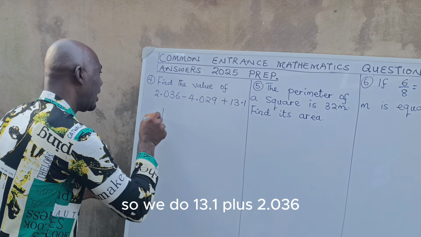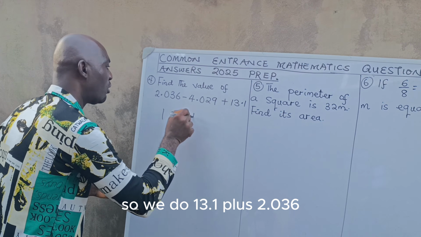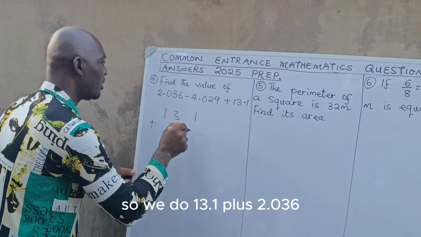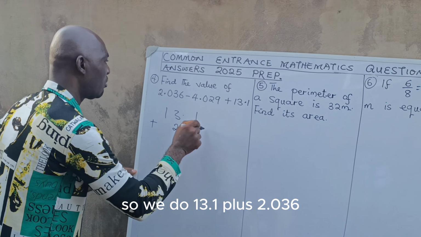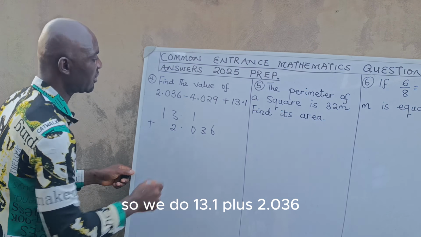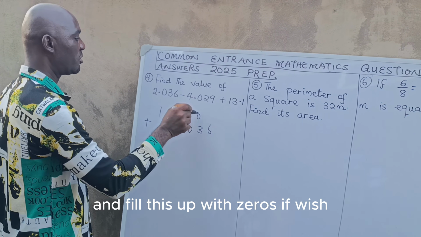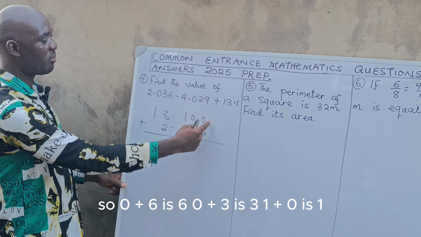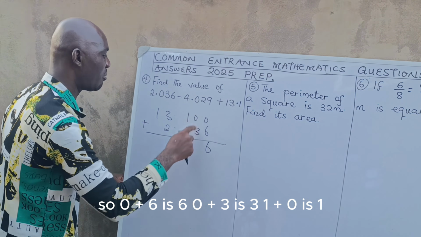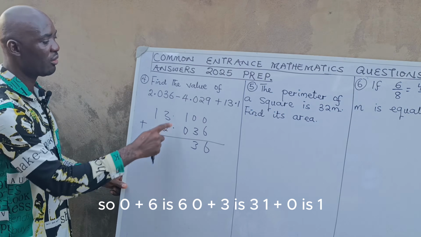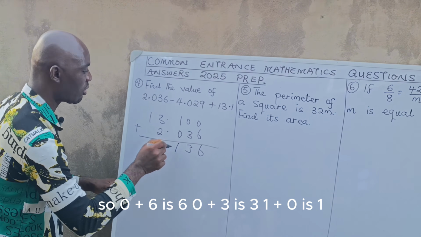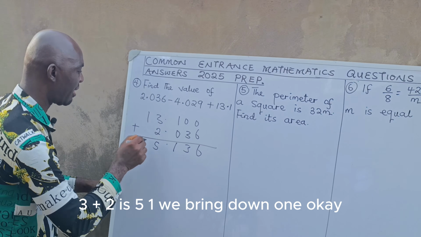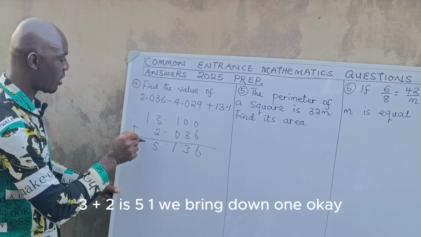So we do 13.1 plus 2.036. We can fill this up with zeros if we wish. So 0 plus 6 is 6, 0 plus 3 is 3, 1 plus 0 is 1, 3 plus 2 is 5, 1, we bring down 1.